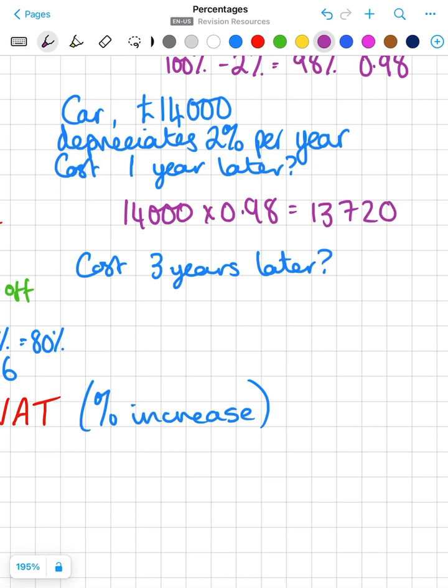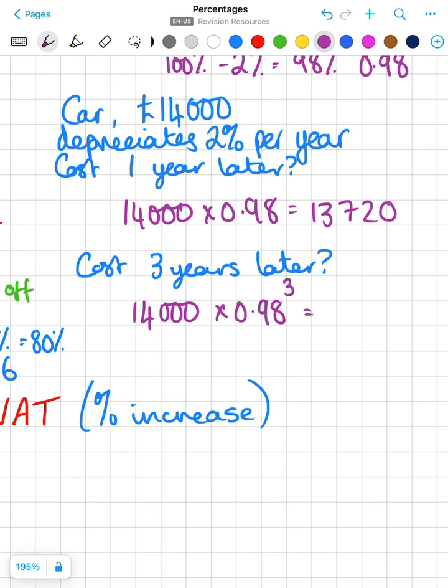Now 3 years later, I would multiply this value by 0.98 and press equals on my calculator, find out what it is 2 years later, and then times that by 0.98, take another 2% off, because the price after each year is decreasing. So essentially what you've done is you've multiplied it by 0.98 3 times.